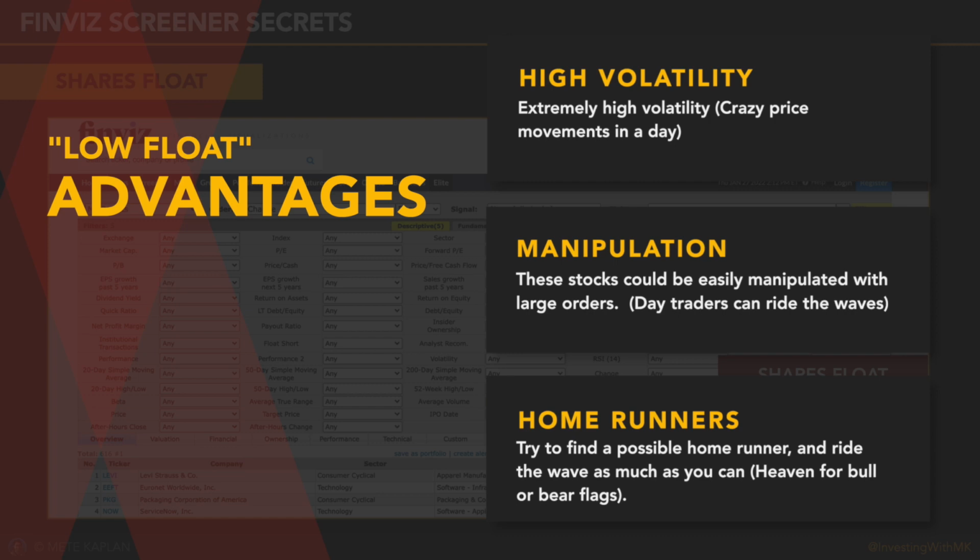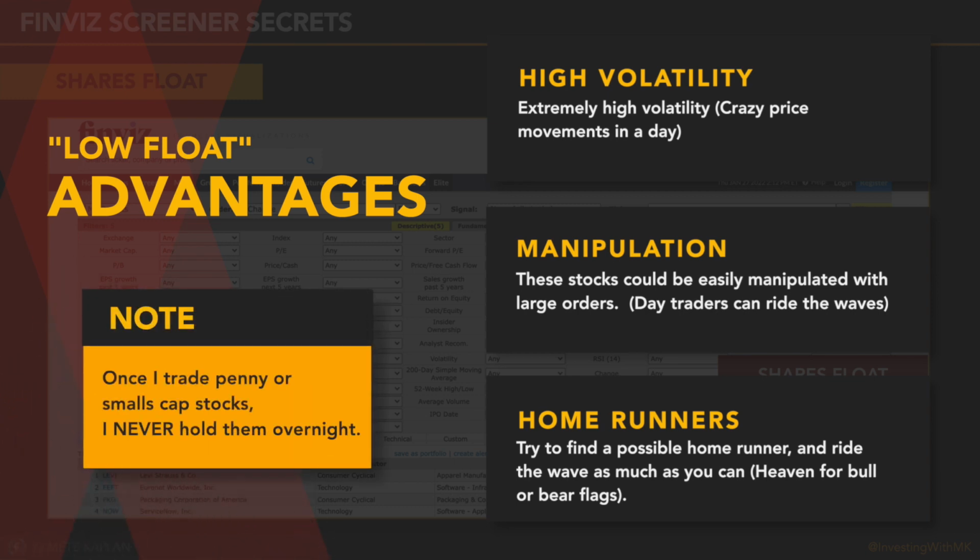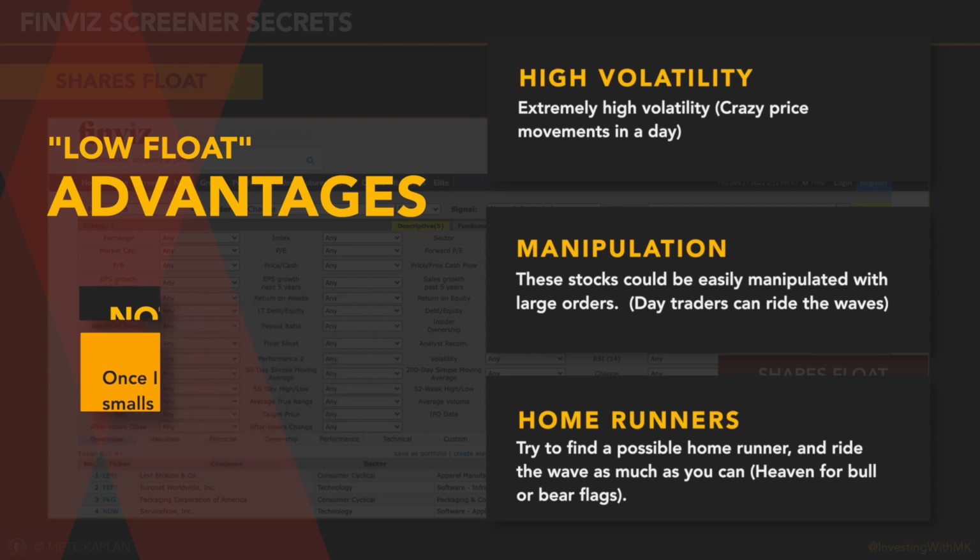These stocks could be easily manipulated with large orders, and you ride these price waves as a day trader. When you trade penny stocks or small caps, you must have volatility to gain 20, 30, 50% or even 100% in a single day. You have to get in and out, hit and run, try to find a possible home runner and ride the wave as much as you can, a heaven for bull or bear flags.